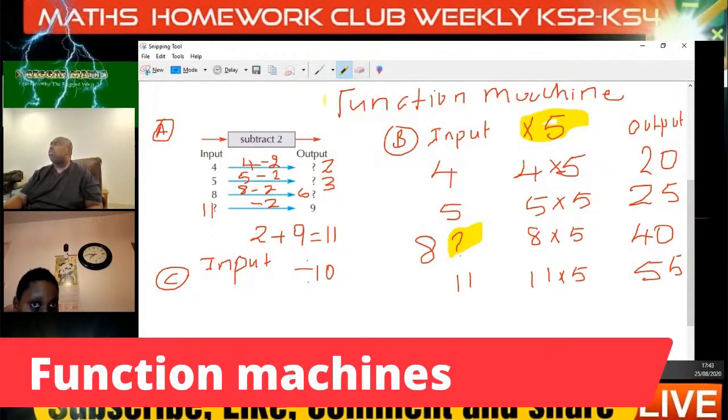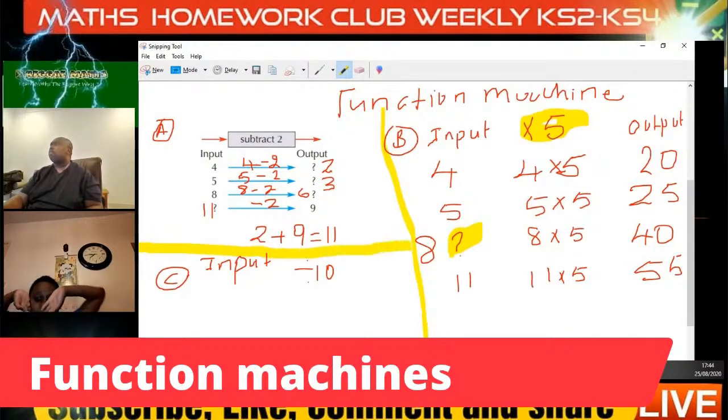Okay, let's partition this up so no confusion, right? Okay, so input is, the output is, right. So let's write the input now. So you got 100.